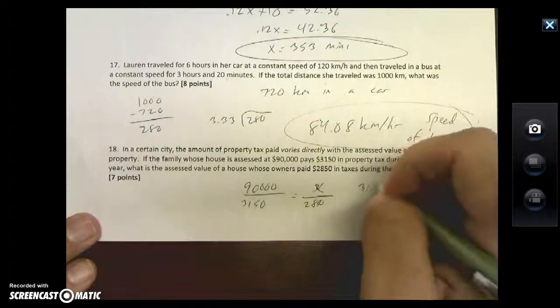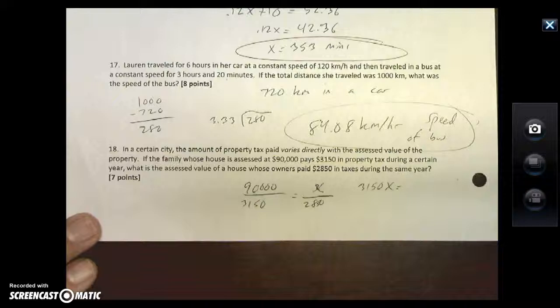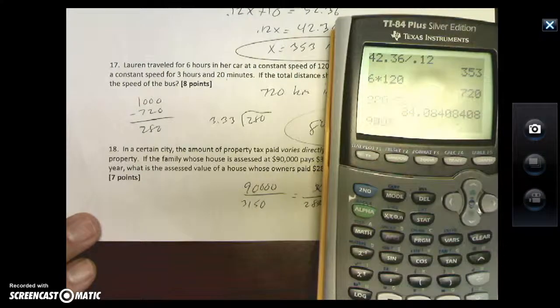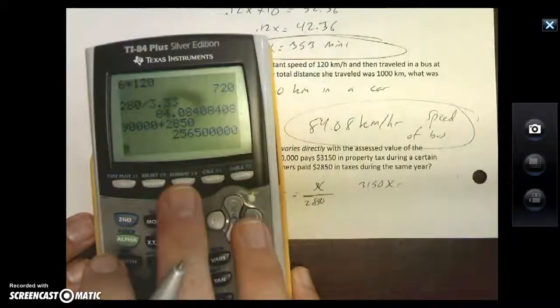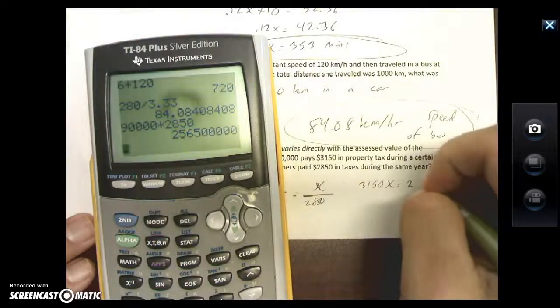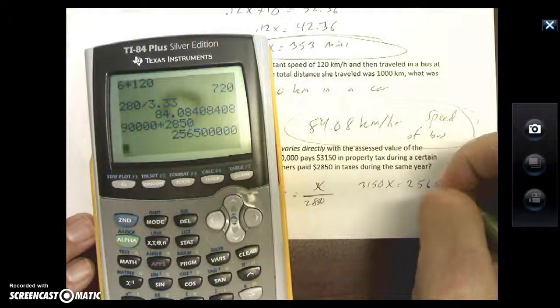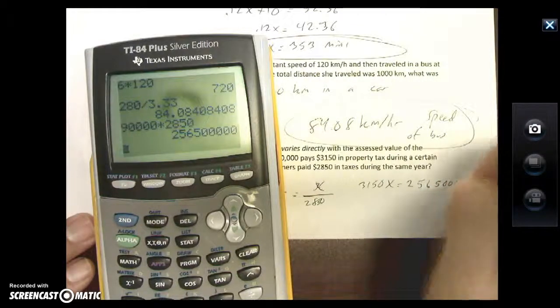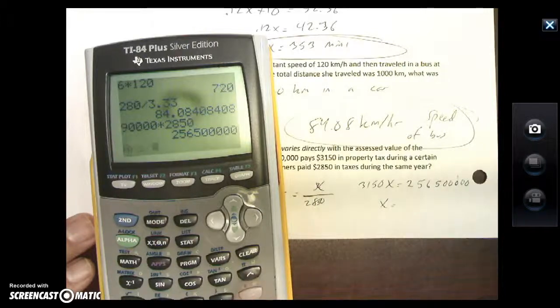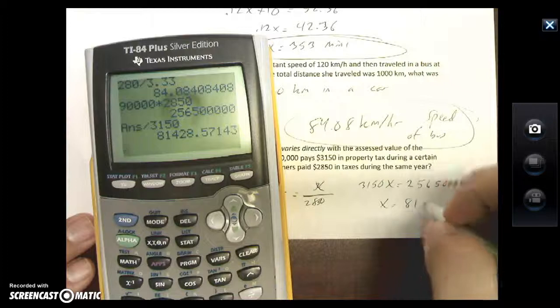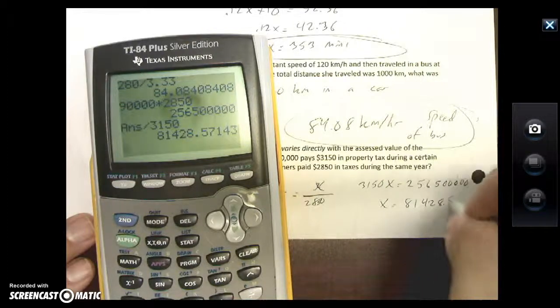Cross multiply. Again, large number. Divide both sides by 31.50. Don't be late for class. $81,428.57.